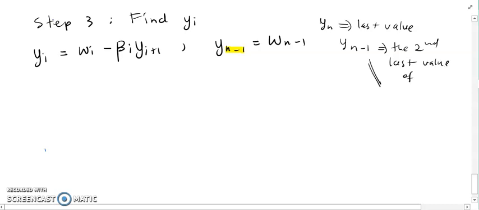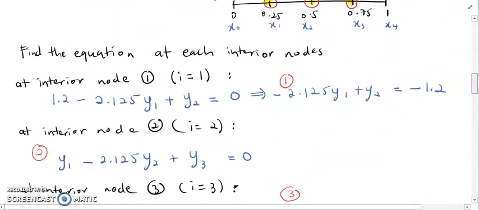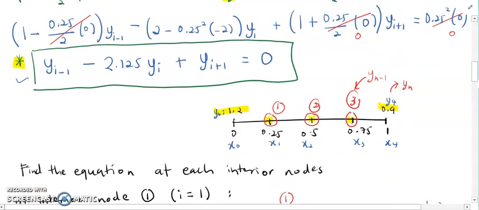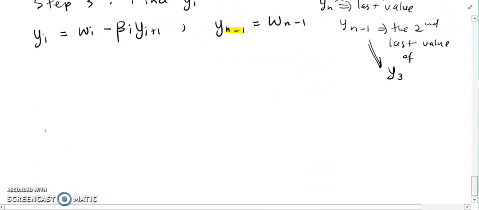So yn minus 1 is y3 because our last y is y4. So in my number line here, this y4 is yn. So the previous y is yn minus 1. That is y3. Okay.